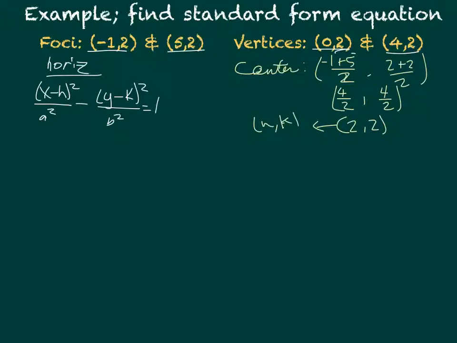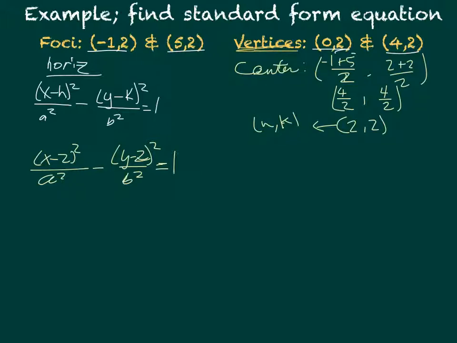So if that's my (h, k), I can go ahead and fill that part in. And I can have (x minus 2) squared over a squared minus (y minus 2) squared over b squared equals 1. And the next part is we need to find our a and our b. Well, the a is easier to find than the b because we know a corresponds to vertices.